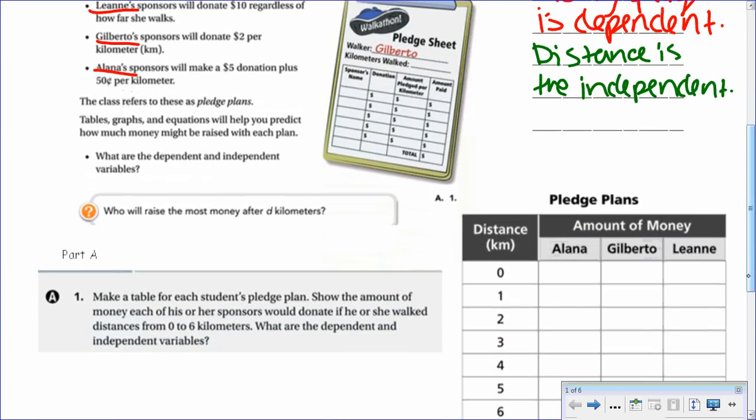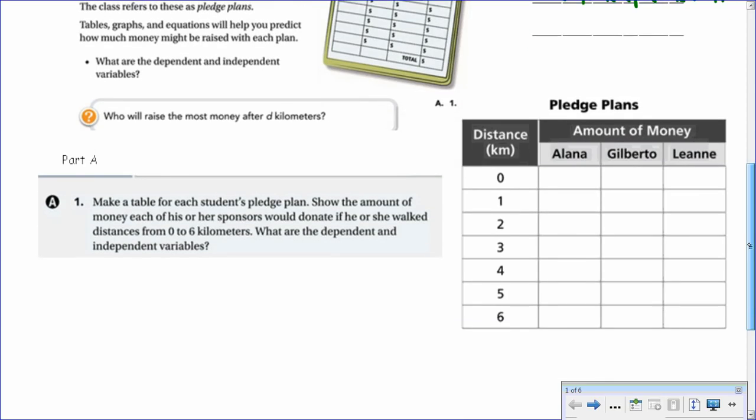If we were to go on here, it says for part A, make a table for each student's pledge plan. Show the amount of money each of his or her sponsors will donate if he or she walked distances from 0 to 6 kilometers. So on this table in 1A, they gave us the distances. They want to know 0 through 6 kilometers.